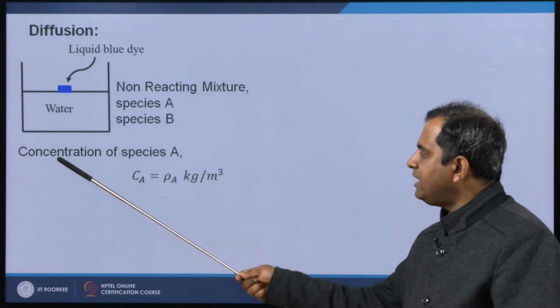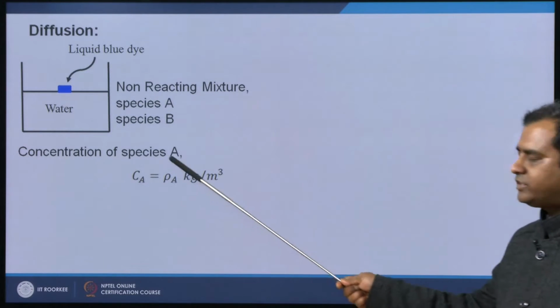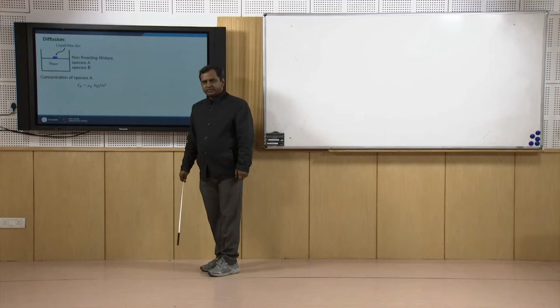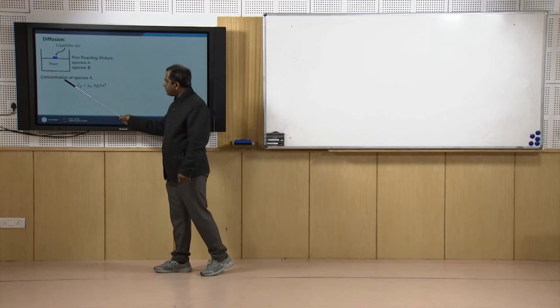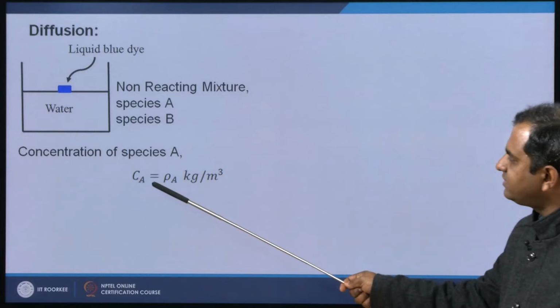So, if we start to study this type of situation, then we can immediately define the concentration of individual species. For example, let us say the concentration of species A in this case is Ca.